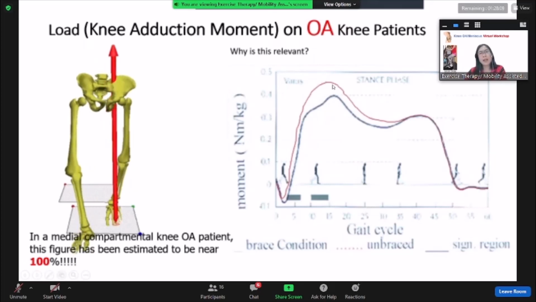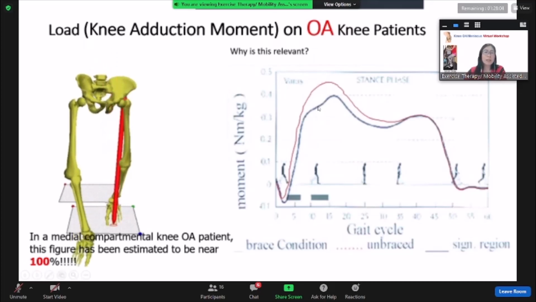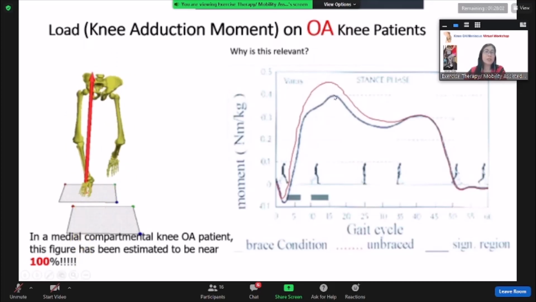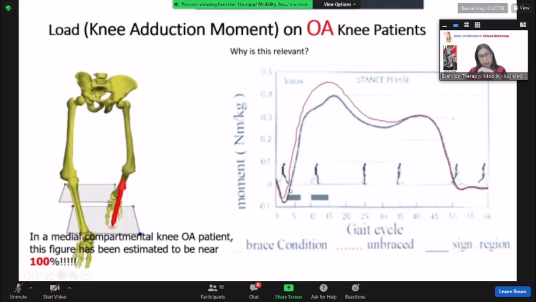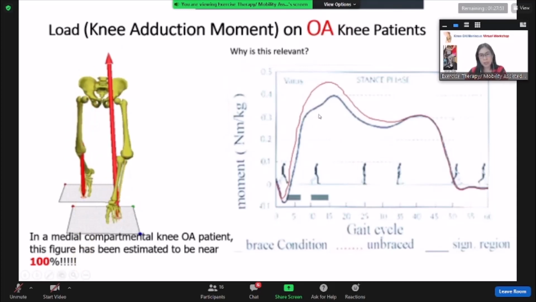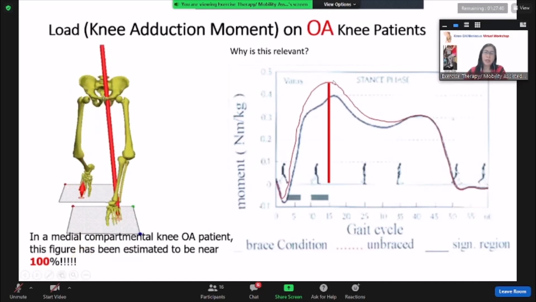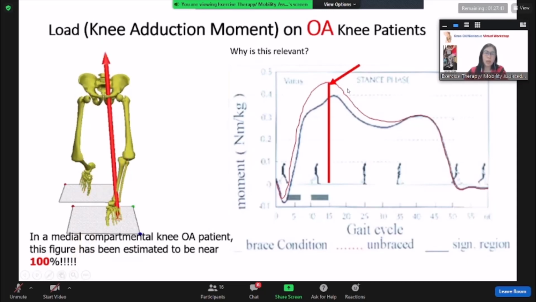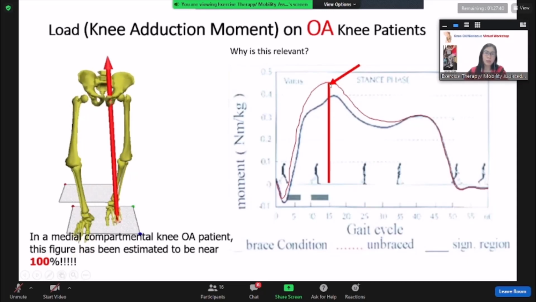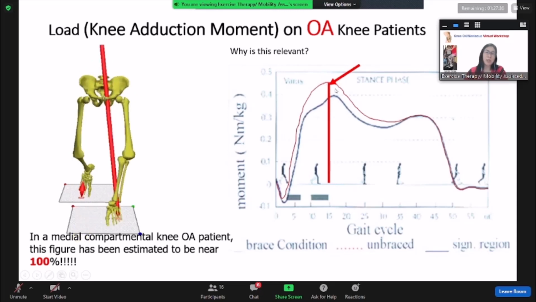The red line is the unbraced knee, whereas the blue line is the patient wearing a brace. At heel strike, the amount of load increases, and it peaks at mid stance. That is where the red line shows the highest loading, and also when patients usually tell you they have the highest amount of pain.